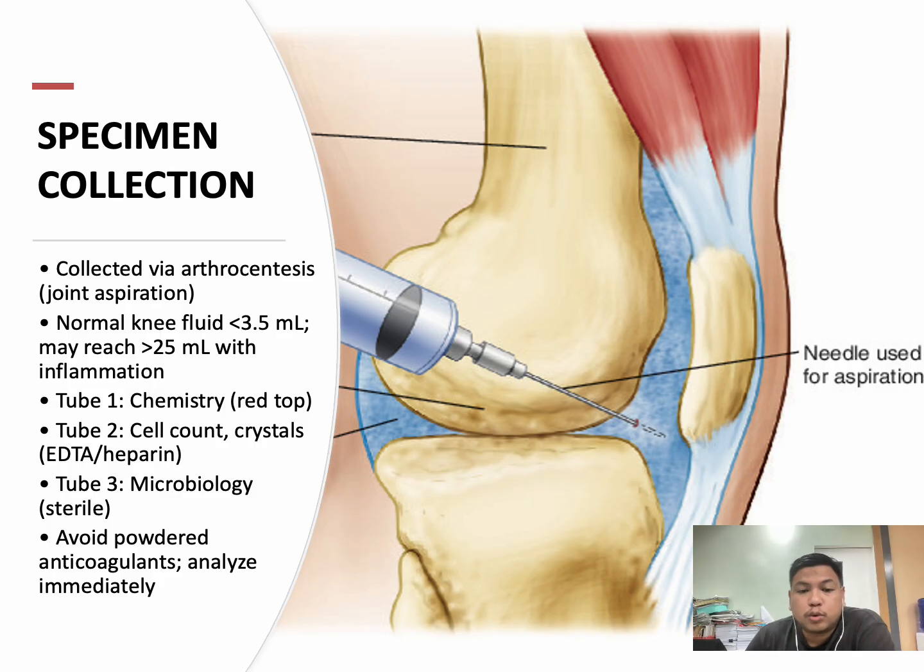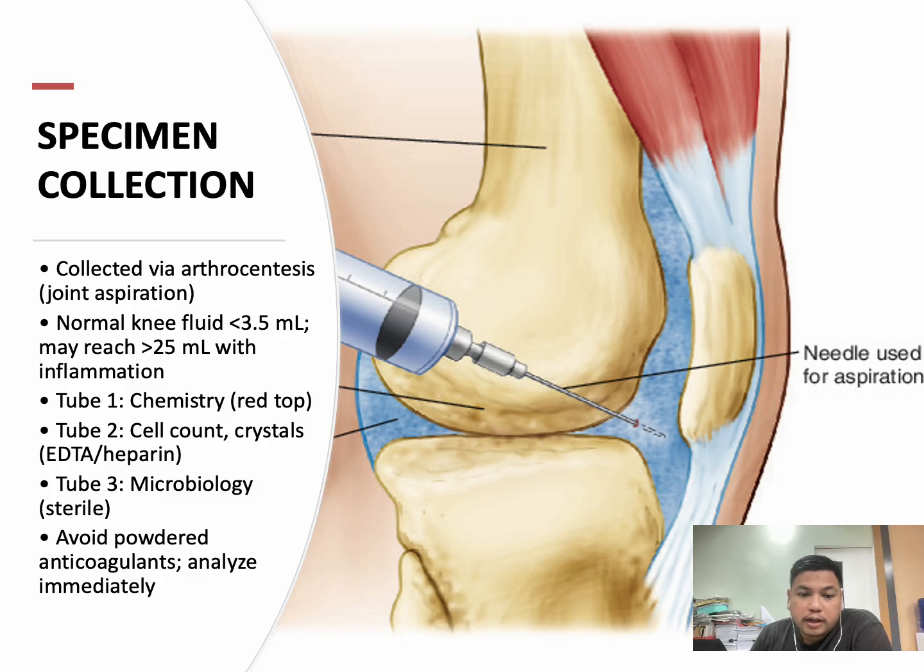Tube 2 is the EDTA or lavender top, or we may use heparin or the green top. This is for cell count or differential count, and also for the microscopic identification of crystals. And lastly, we have our sterile cup or the gold top for microbiology testing.